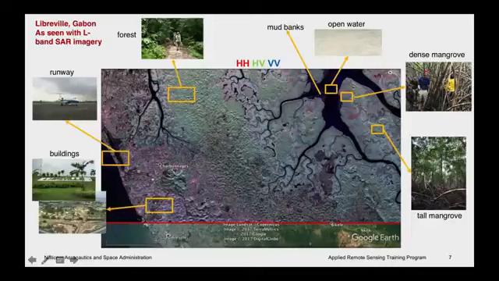This is a false color image, meaning that the colors that you see here are capturing different polarizations. So the red channel has HH, the green channel has HV, and the blue channel has VV polarization. So during this presentation, I hope that you will gain some intuition about what these different bands are providing in terms of land cover information.